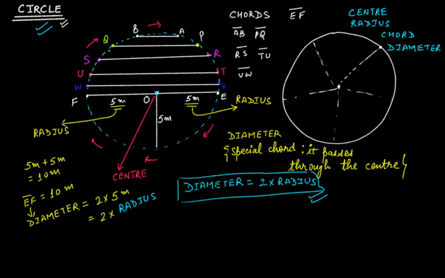But what if I take this portion of the circle in between point P and Q? Not a chord. A chord is a line segment, and what we are talking about is the portion of the circle.